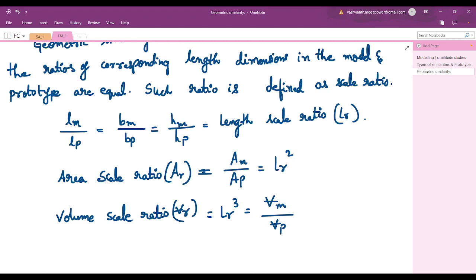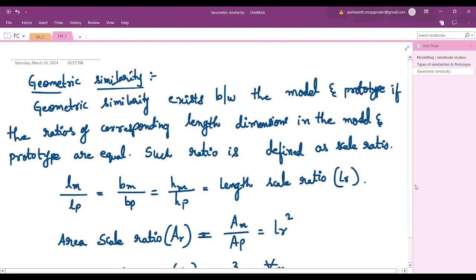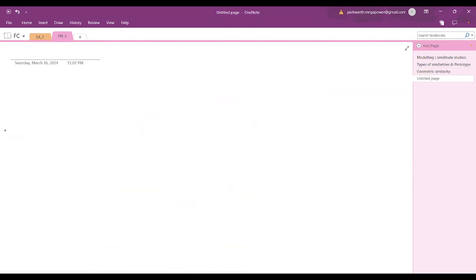Now next is the kinematic similarity. Can you scroll up for a second?